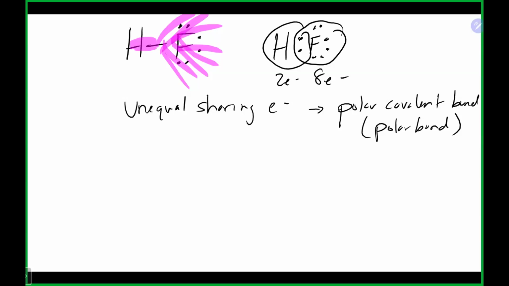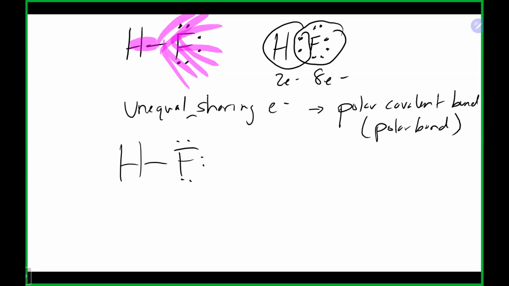The result is that because the electrons are now hanging out on the fluorine side, it becomes more negative, and the hydrogen side becomes more positive because the negatively charged electrons are moving away from the hydrogen.